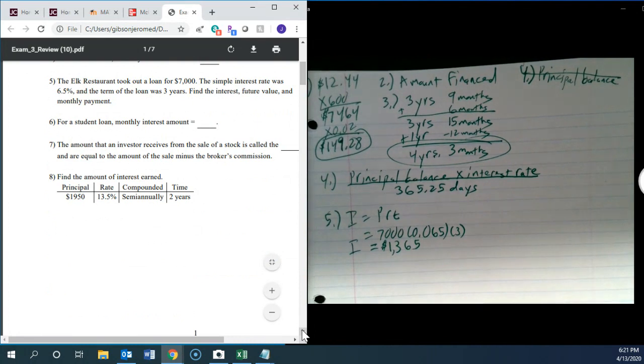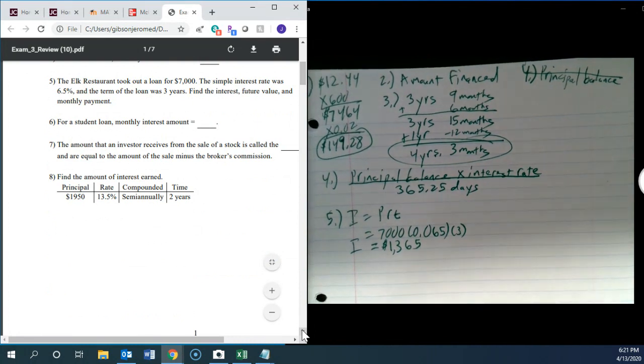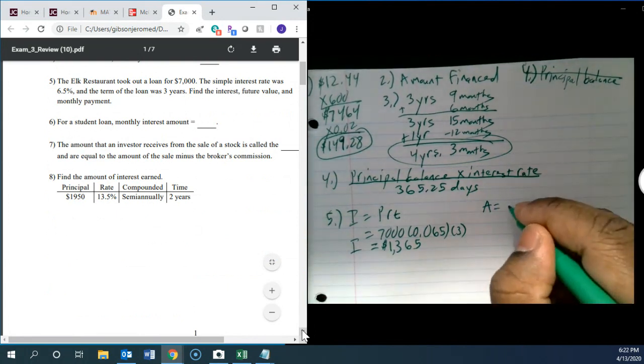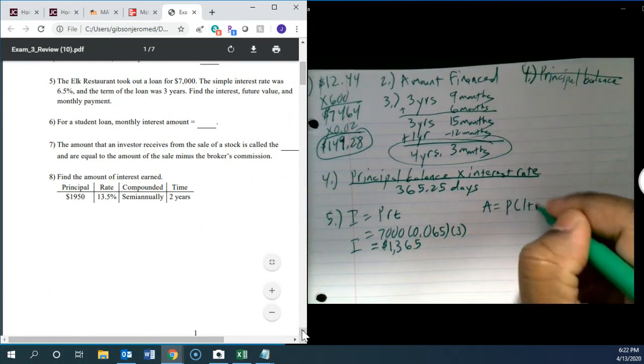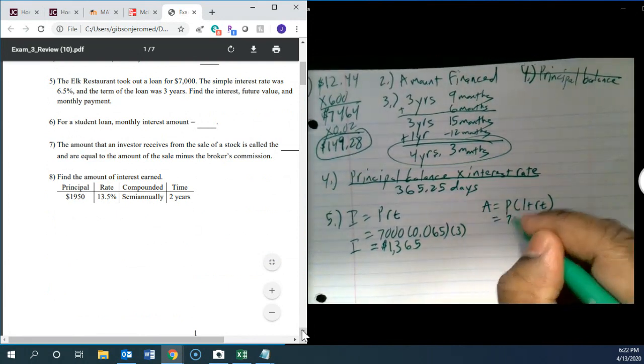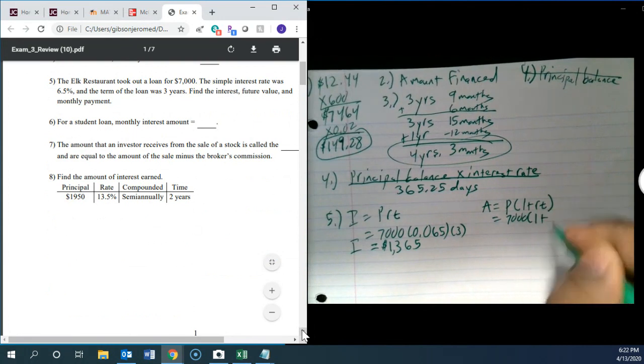Now we want to find the future value. The future value, we know we use A here, which is A equals P times 1 plus R times T. So our principal is still 7,000. 1 plus our rate is 6.5%, which is 0.065.